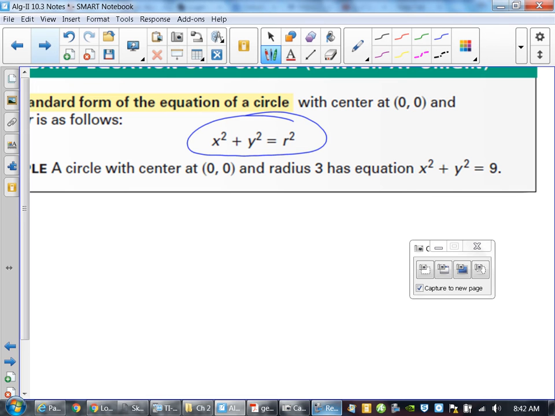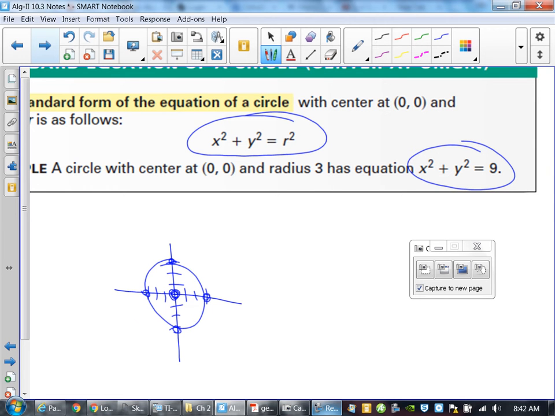So if you had the equation x squared plus y squared equals 9, it's centered at the origin, and the radius is 3. And there's your circle. That's it.